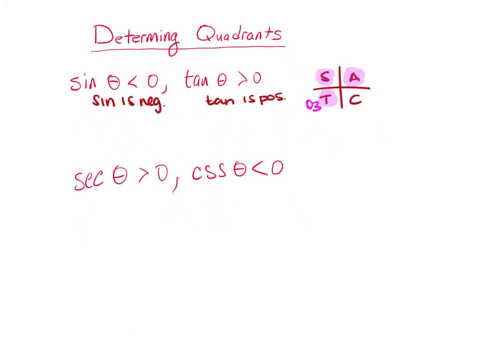With secant theta greater than 0, it just means that your cosine of theta is positive, and your cosecant, this should be a C, not an S, of theta is less than 0, so your sine of theta is negative. So again, when you're looking at that coordinate plane, all students take calculus, you're looking at the one where it works, which would just be quadrant 4.